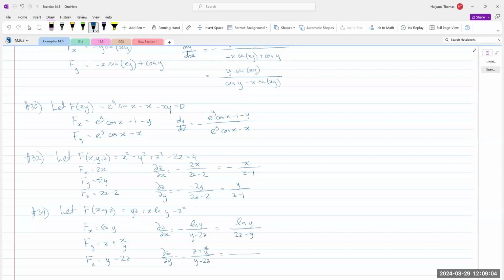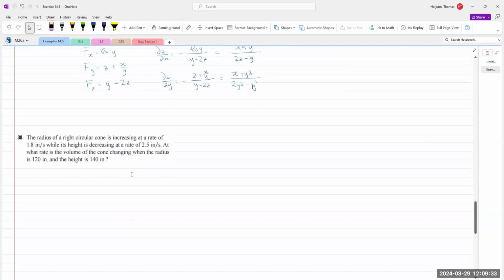I reverse the order of subtraction on the denominator to absorb the negative, and then I multiply the top and the bottom by y. So I get (x plus yz) over (2yz minus y squared). Okay, that's for number 34.